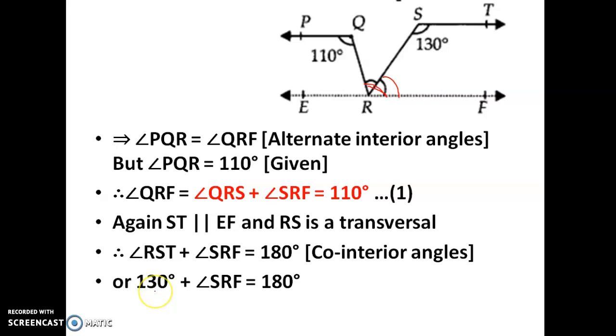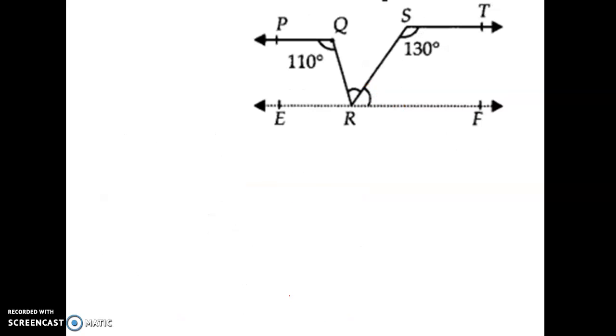So substitute the value of angle RST. So it is 130 plus angle SRF equals 180. So SRF is equal to 180 minus 130 equals 50 degrees. So this angle we got now.